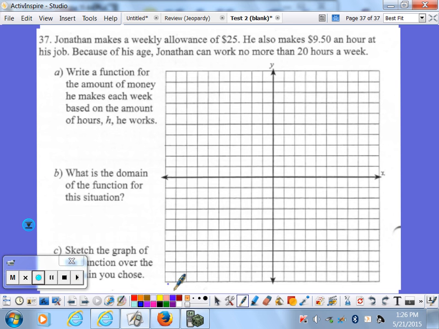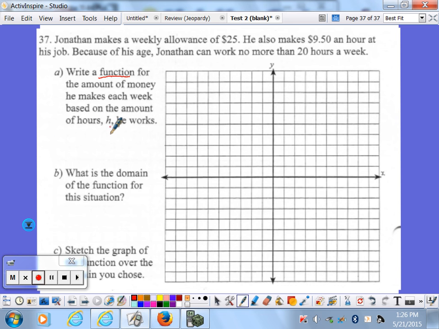All right, last one, number 37. Jonathan makes a weekly allowance of $25. He also makes $9.50 an hour at his job. Because of his age, Jonathan can work no more than 20 hours a week. Letter A. Write a function for the amount of money he makes each week based on the amount of hours H that he works.